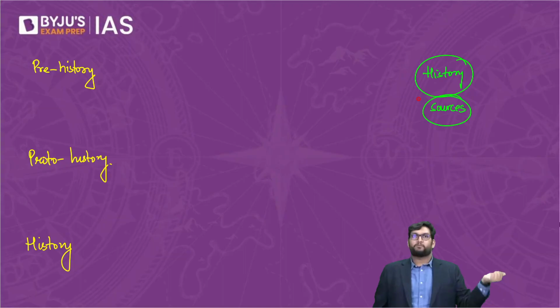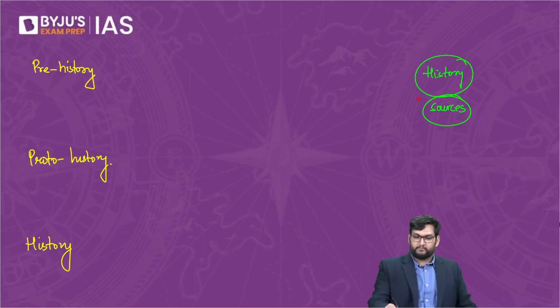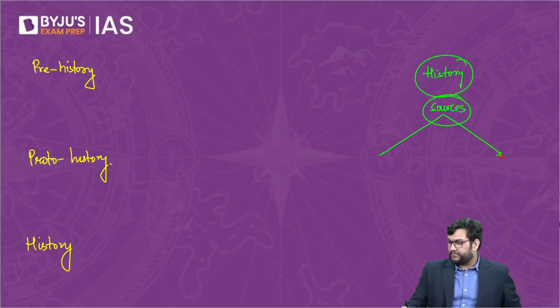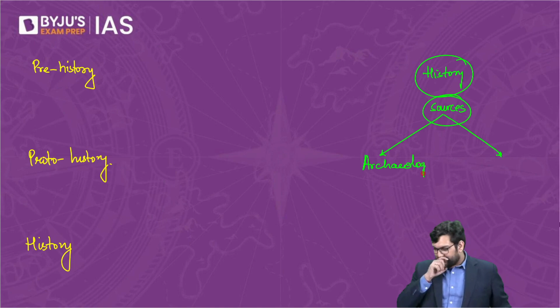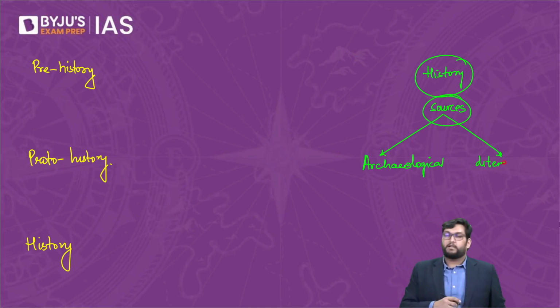We know about them through sources. Sources can be divided into two things. One is called archaeological, and the other one is called literary.